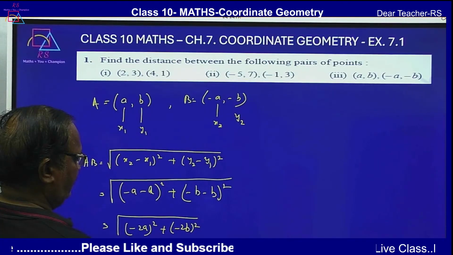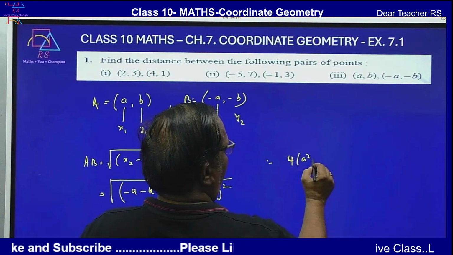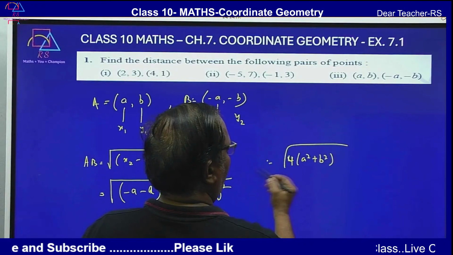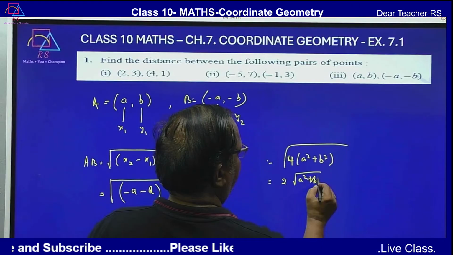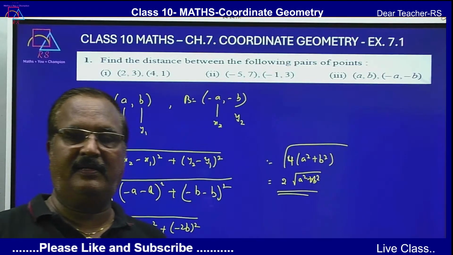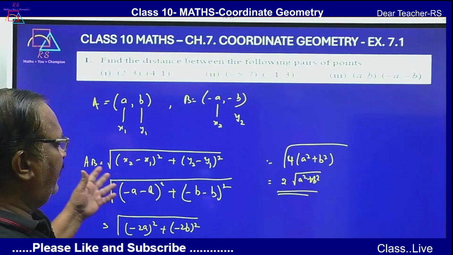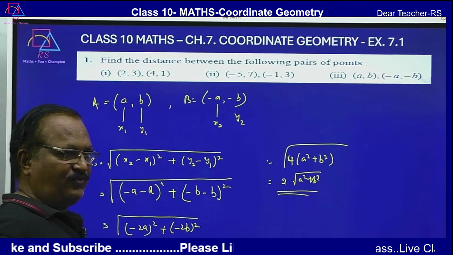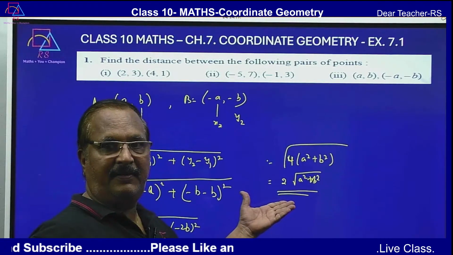So you can take 4 common under the root, and this 4 will come out as 2, into the root of a square plus b square. This is the distance between A and B. You can leave it like this, but this is not the simplest form. The answer should always be in the simplest form, so it is better to write it like this.